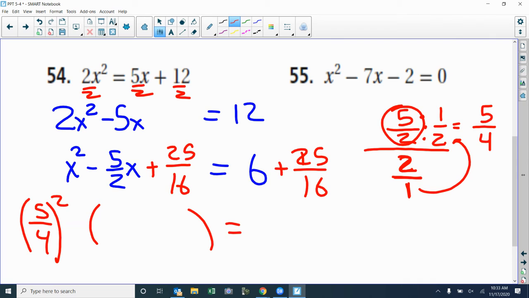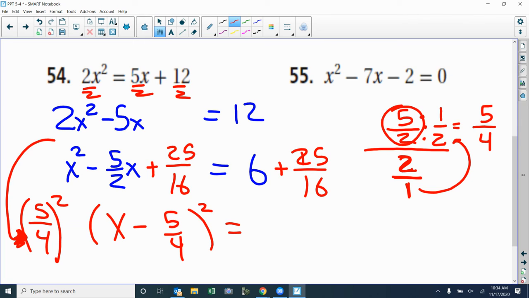Perfect square trinomial. Now, here's where you can figure out if you know what you're doing. Always x, right? Always that sign, and always what? Half of that. Well, what's half of that? We already got it. Remember, we calculated it. It is 5 over 4, squared. All right. I need a denominator of 16. So I need 6 times 16.